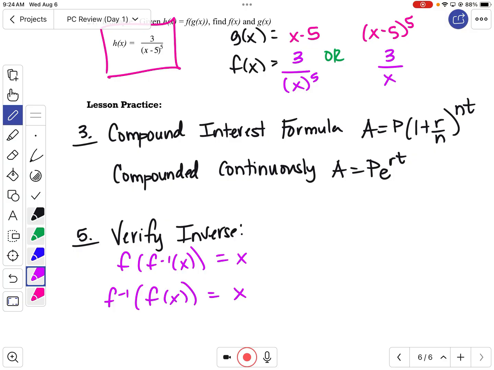Both of those have to work in order to verify. I think those were the only 2 hints. You can look up your log properties. I think it'll help you with number 6, and solving that equation.